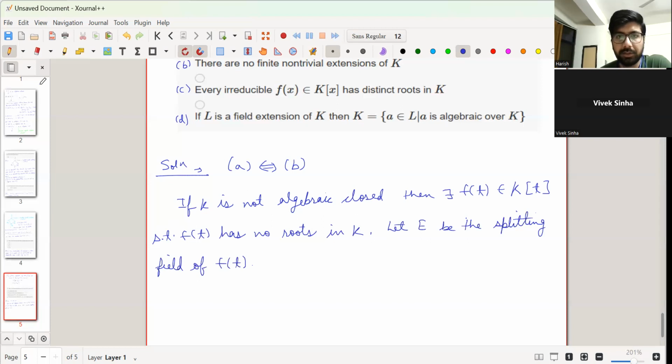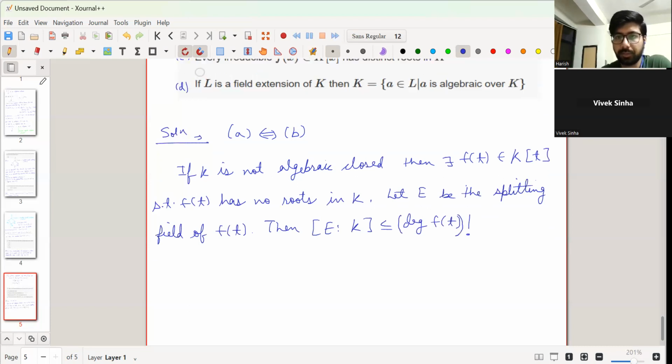Then we know that the degree of the splitting field over the base field is less than or equal to the degree of the polynomial factorial, right?